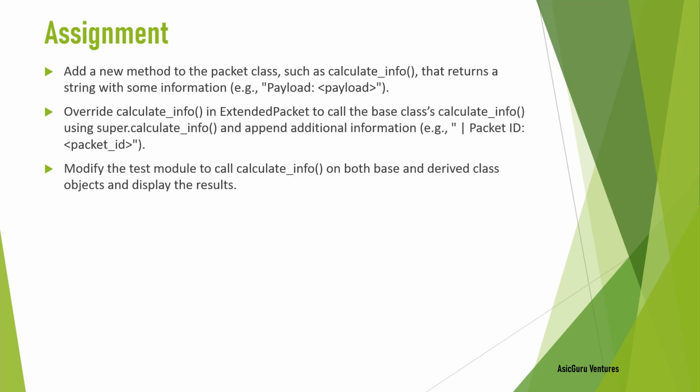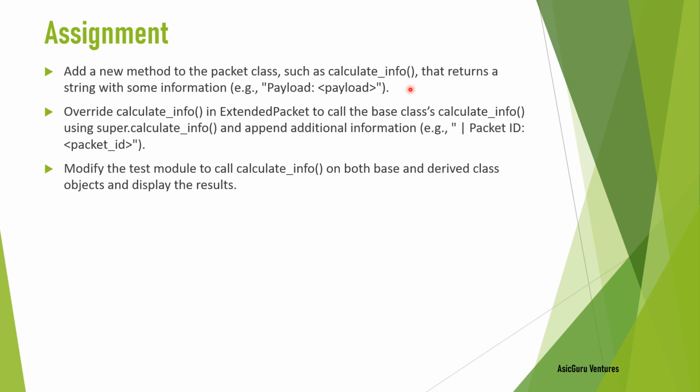Alright, till now we have understood the concept of inheritance, function overriding and the super keyword. Now this is a small assignment for you all to try after the session. So in the first step, add a new method called calculate info in the base class packet. This method should return a string with some basic packet information.